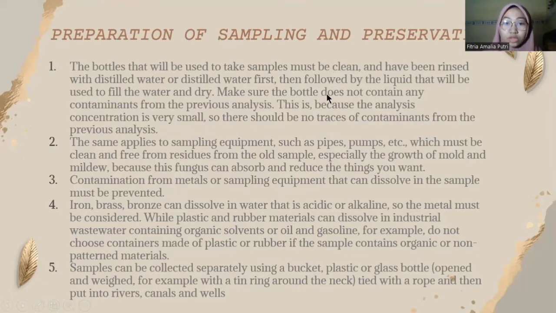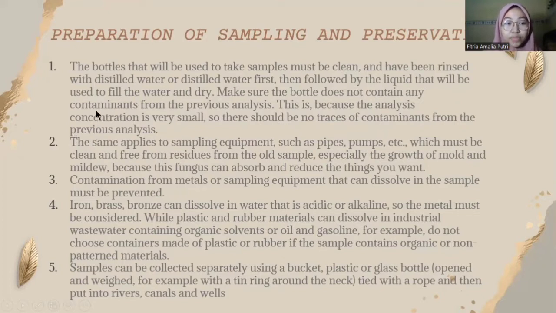Make sure the bottle does not contain any contaminants from the previous analysis. This is because the analyte concentration is very small, so there should be no traces of contaminants from the previous analysis.